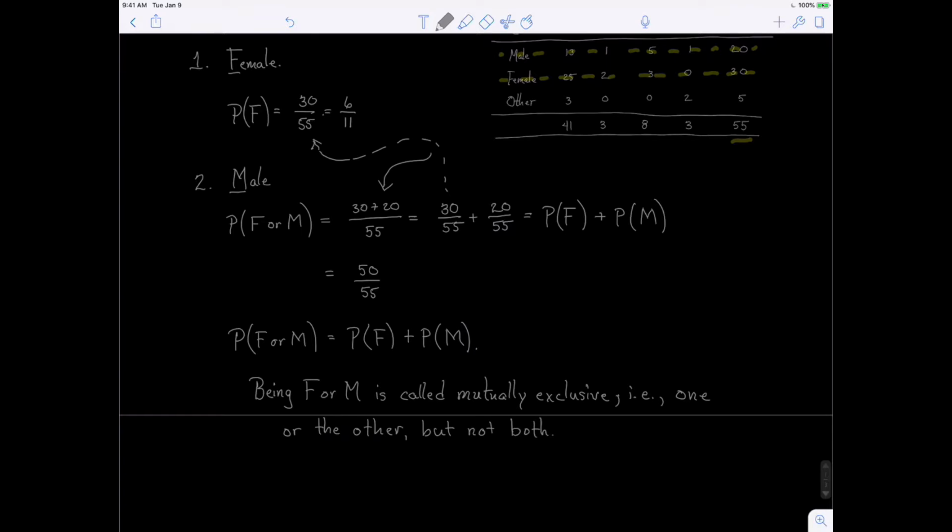And so when the problem is mutually exclusive, it is that simple: just adding the individual probabilities.